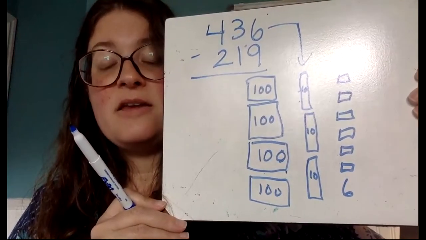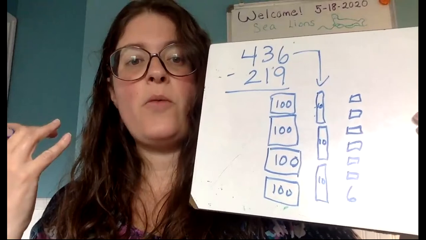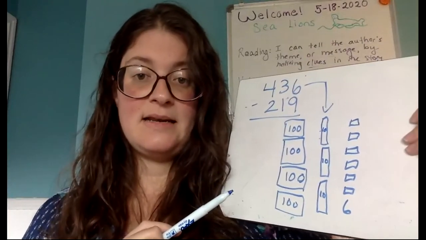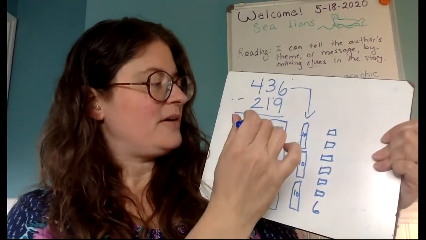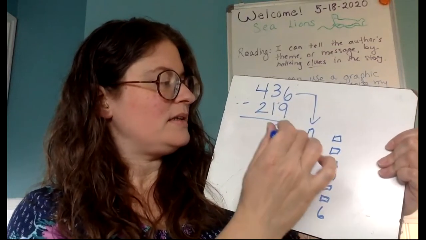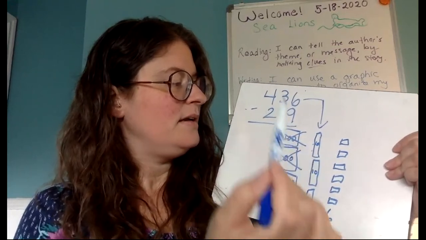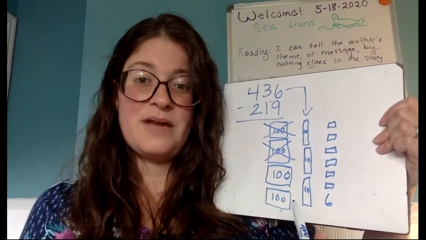And then you're going to subtract, which, as I mentioned, means to take away. So we're going to take away 219 of these blocks. So I'm going to start by crossing out 200. So there's 100, there's 200, and then I'm going to end up having to regroup, right?